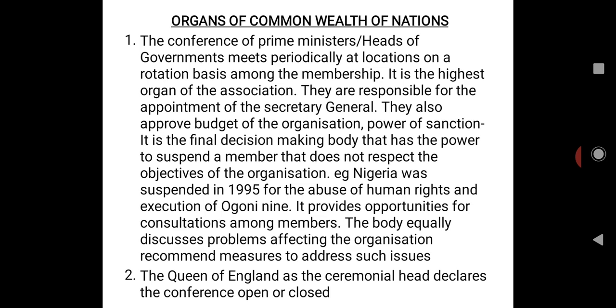This organ is the final decision-making body and has the power to suspend a member that does not respect the objective of the organization.